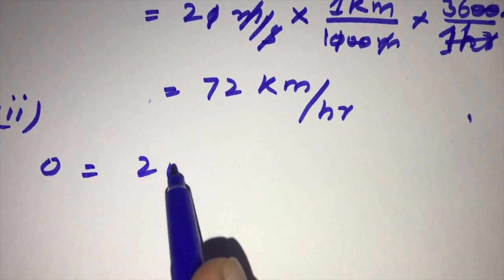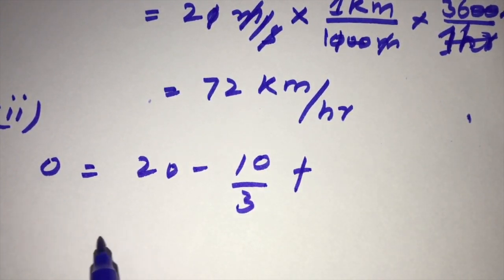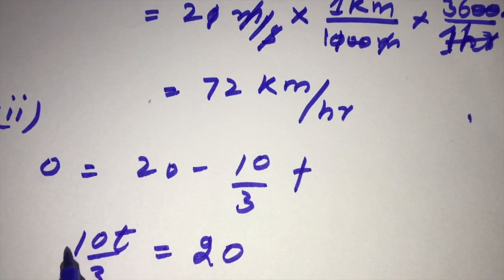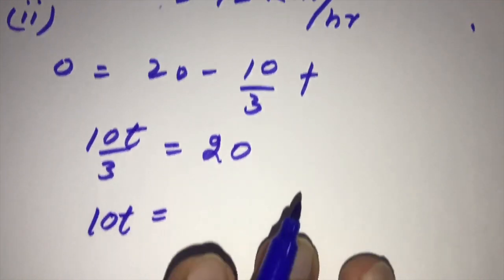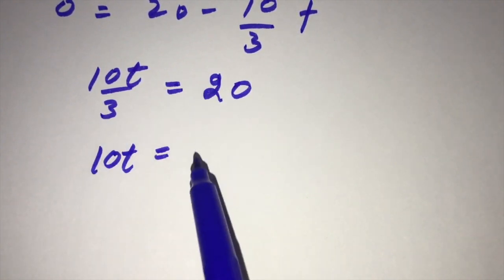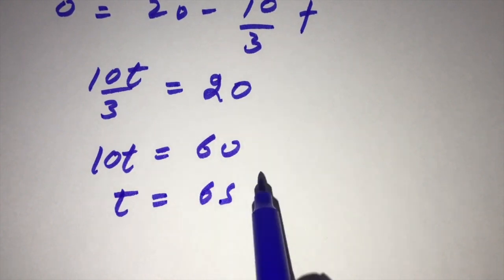0 is equal to 20 minus 10 by 3 t. So 10t by 3 is equal to 20. Then multiply by 3 here, so 10t is equal to 60, and then t is equal to 6 seconds.